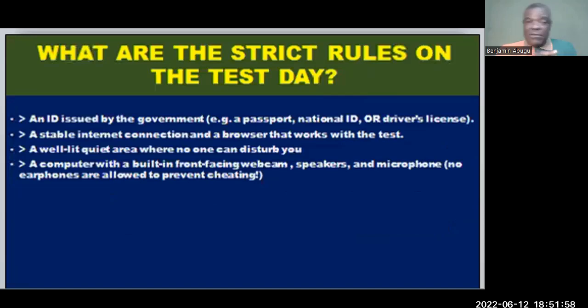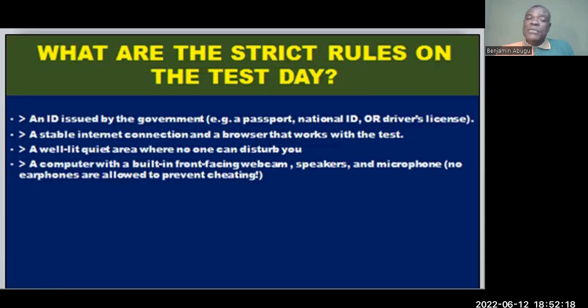Then last but not the least, what are the strict rules that you should adhere to on the test day? This is very important. Now, number 1, you need an ID issued by the government, such as a passport, a national ID, or a driver's license.